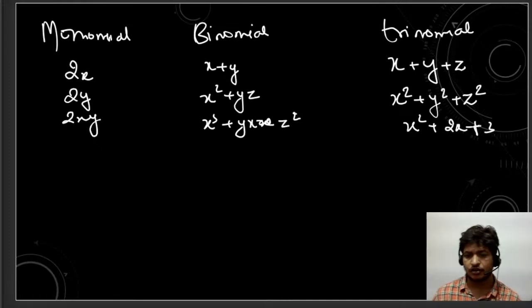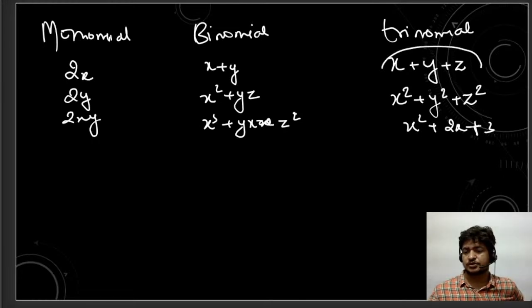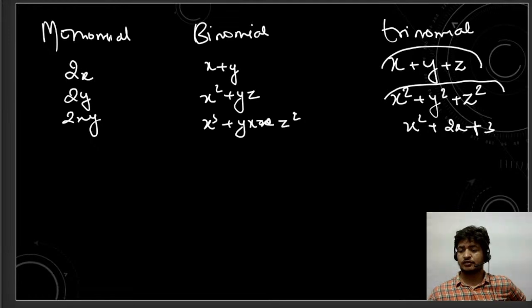So all these are the concept of monomial, binomial and trinomial. Now if you look at trinomials, we have three terms, and in the first and second there are three variables, but in the third one we have three terms.